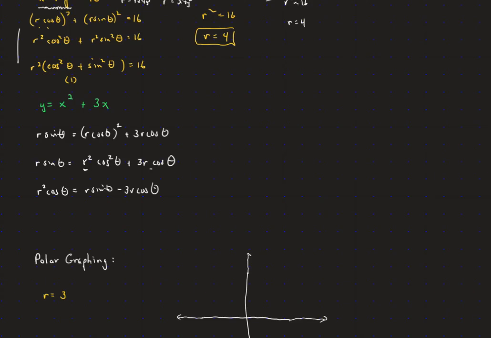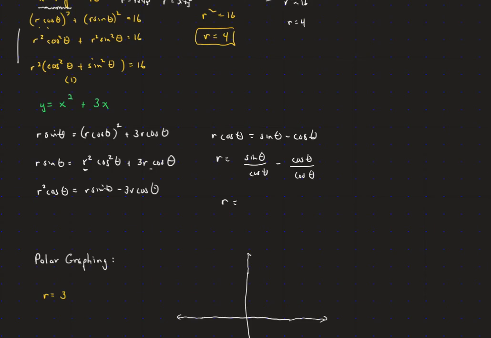Let's divide through by the r's, because we can get rid of one of those. So now we have r cosine theta is equal to sine theta minus cosine theta. Then we can divide through by that cosine theta, and we'll get sine theta over cosine theta minus cosine theta over cosine theta.